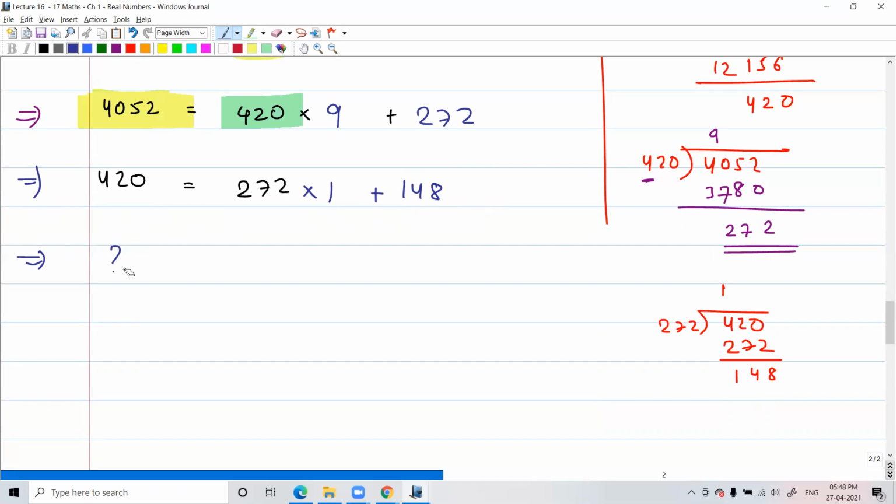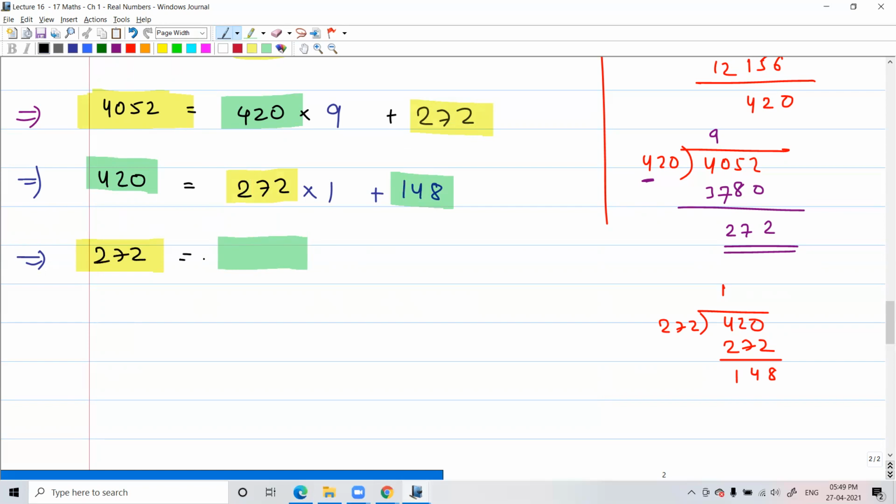What's my dividend this time? 272. Whatever was the divisor, that becomes the new dividend.